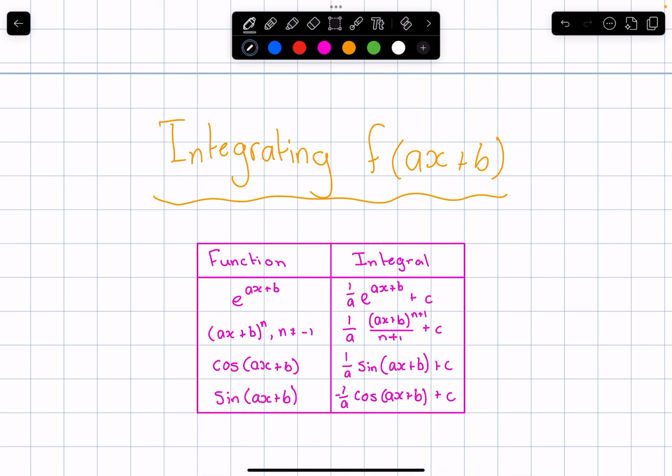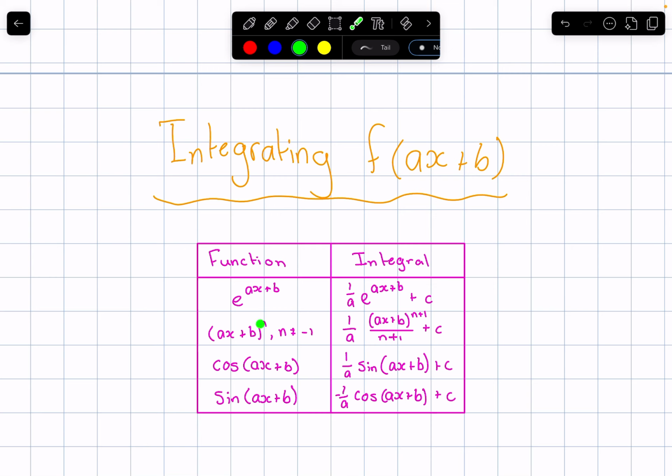All we have to do essentially is divide by the a value. Every other part of this stays exactly the same. So for e to the ax plus b, the integral was e to the ax plus b, but now we divide by a.